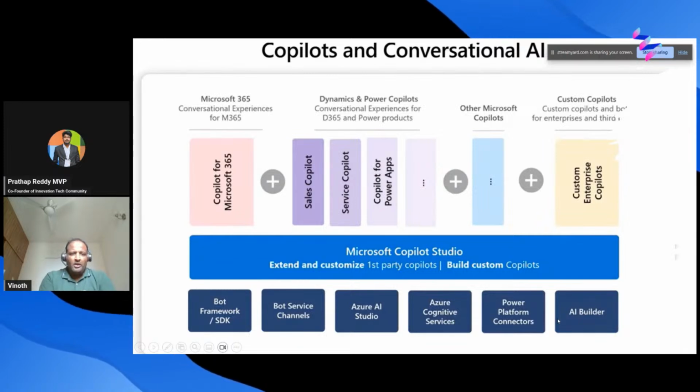Okay, so a question comes to mind. It's a conversation, it's like Copilot, it's like a conversational AI. But what is the difference? When do I need to use a conversational AI and when do I use Copilot?